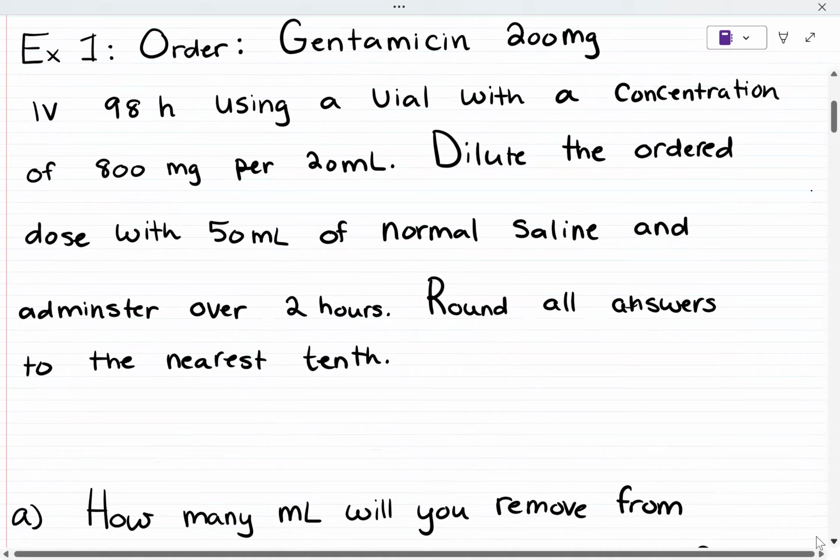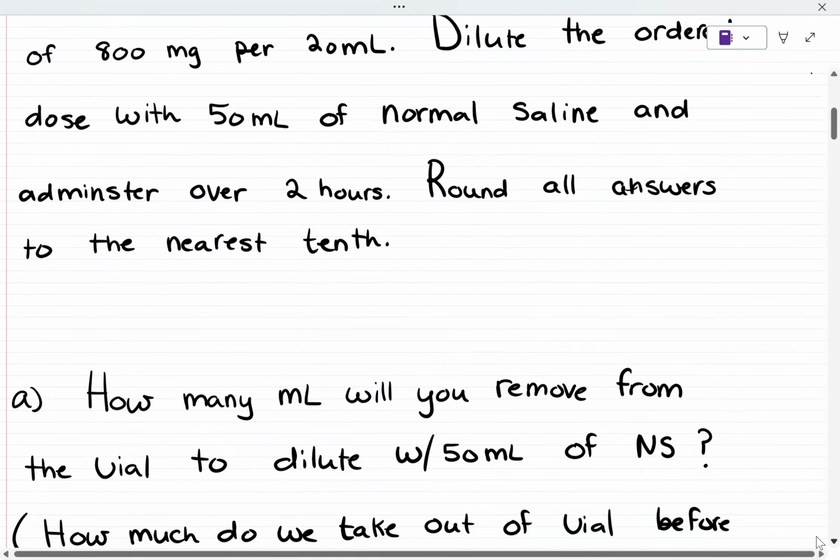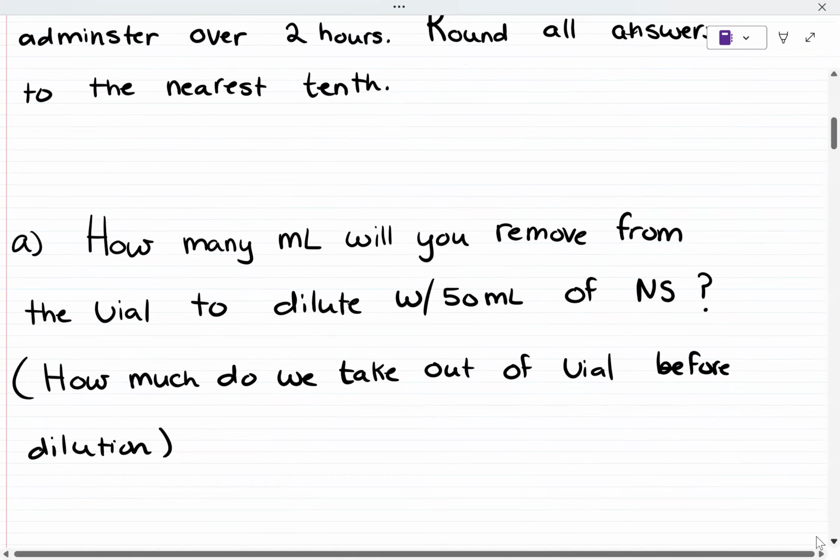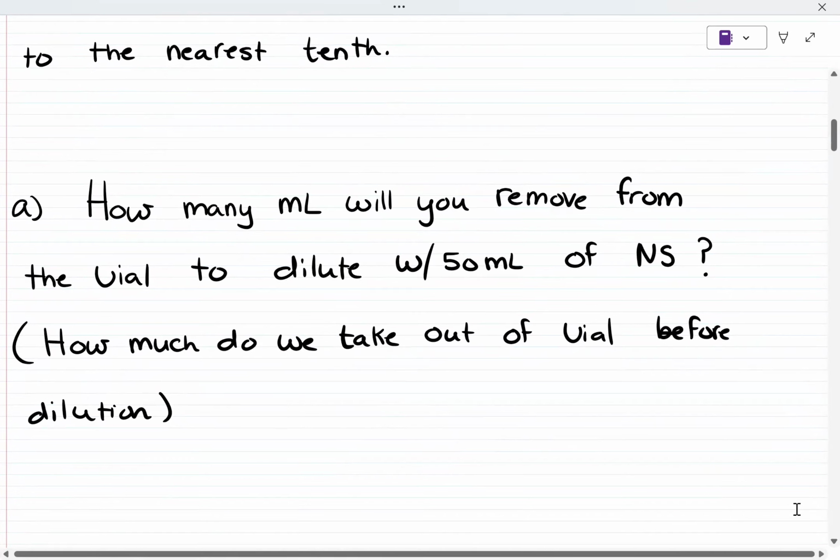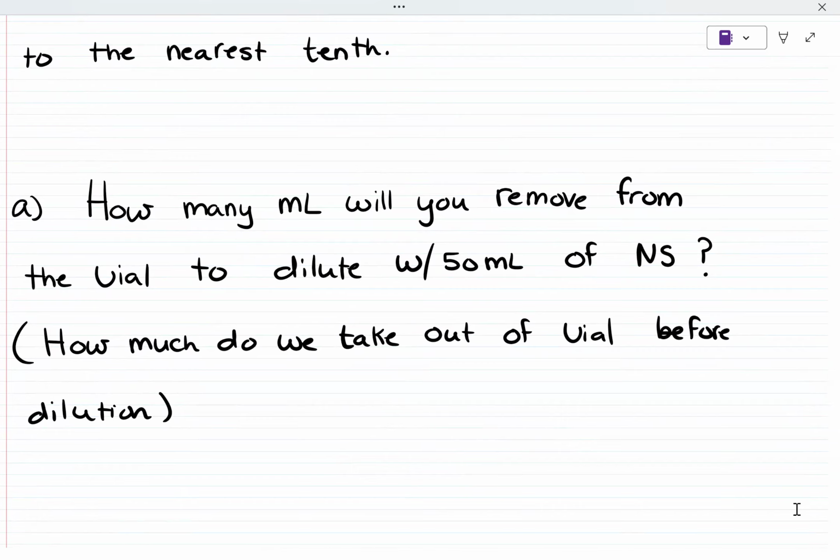Let's start with, oh, there's part A, sorry. Part A says how many milliliters will you remove from the vial to dilute with 50 milliliters of NS? So how much do we take out of the vial before the dilution?